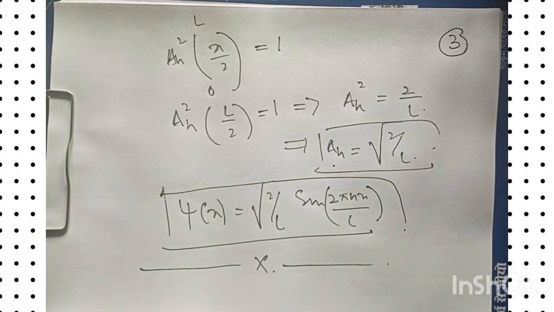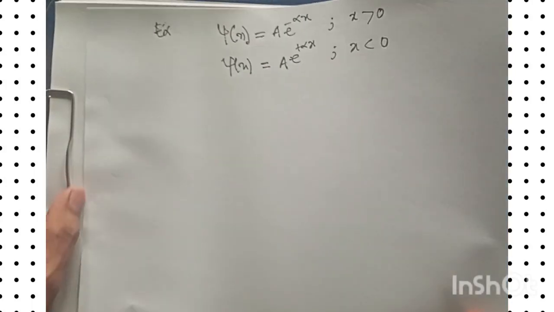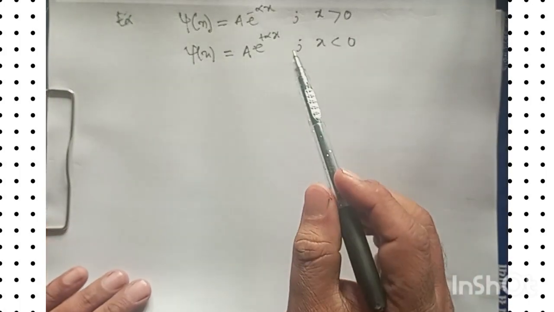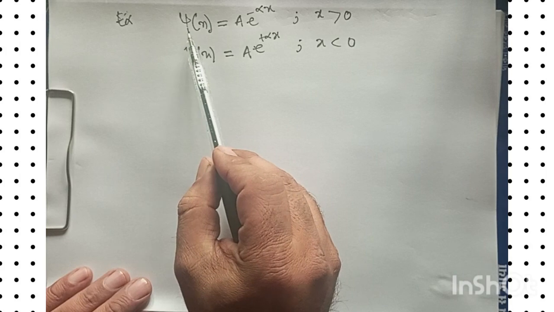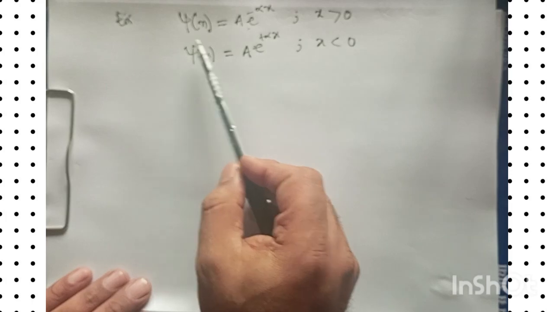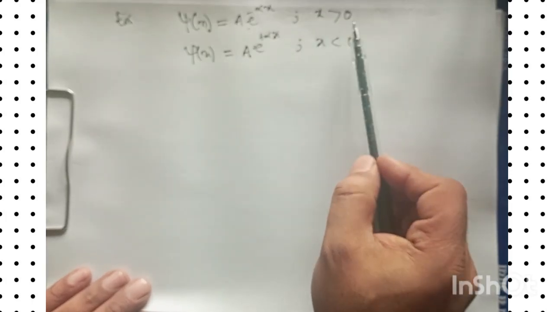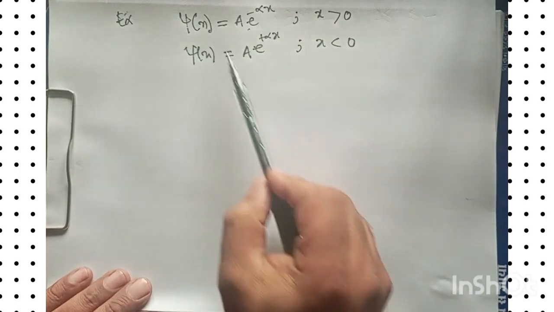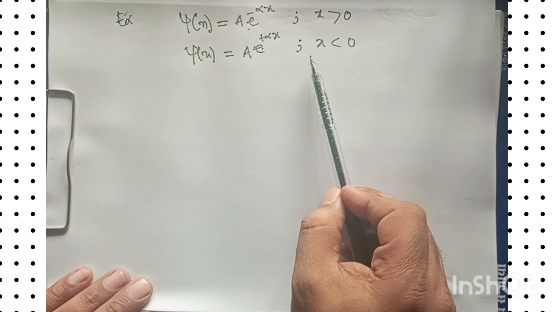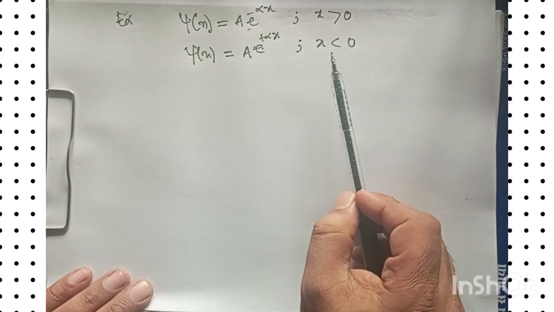Now let us take another problem and try to solve it. Now we have another problem here. We have a wave function defined by e to the power of minus alpha x for all values of x which are greater than 0, and this wave function is e to the power of plus alpha x for all values of x that are less than 0.